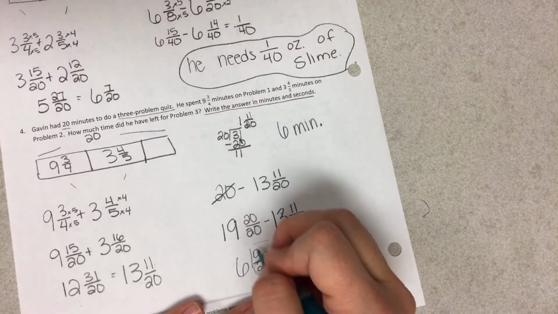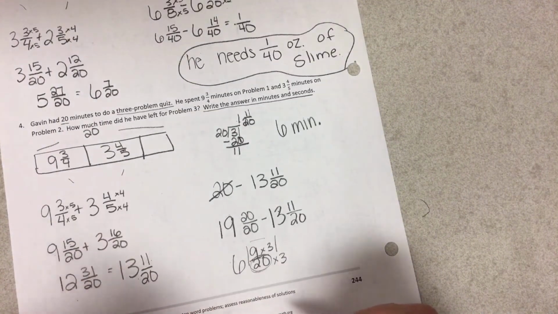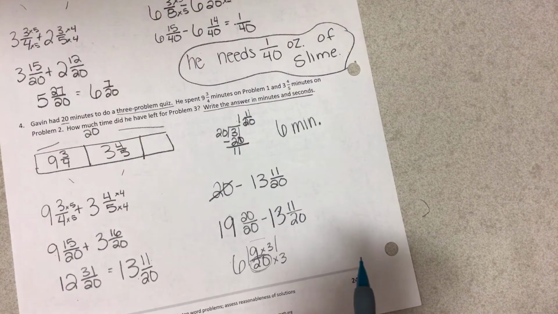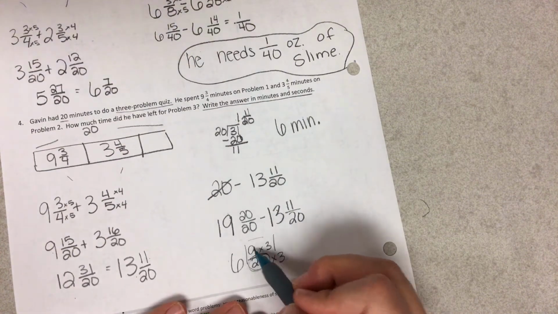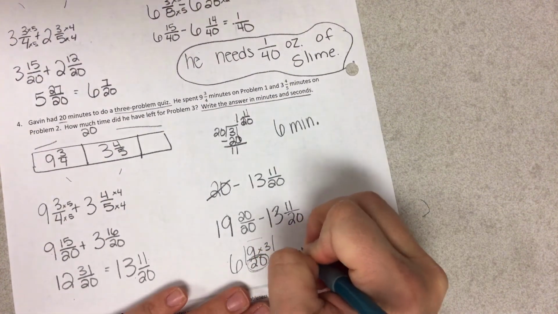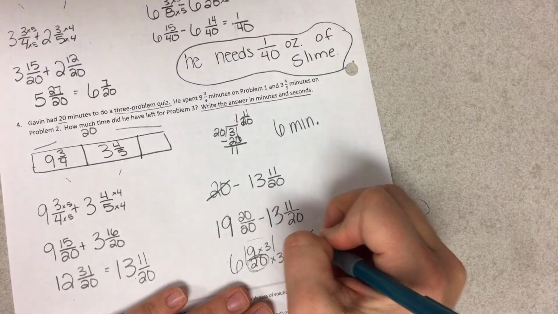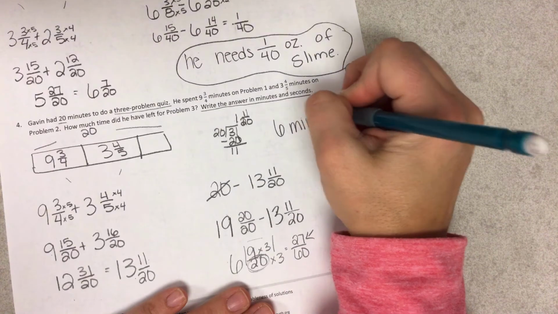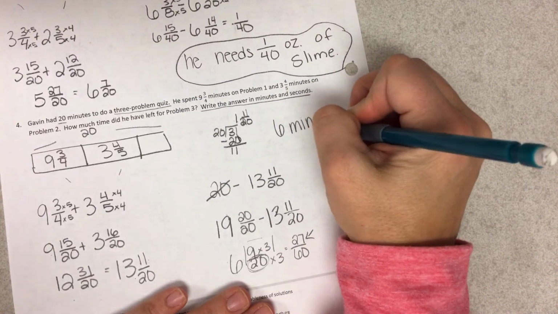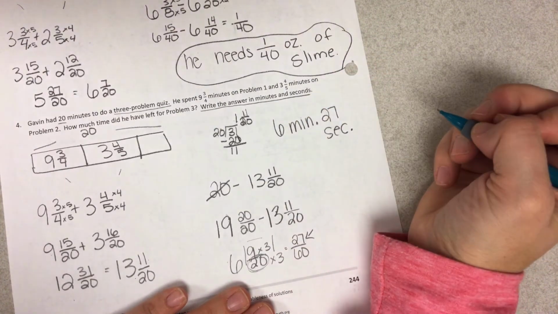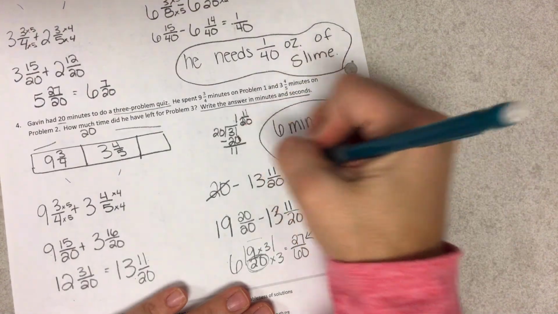Because no matter what I do to the numerator or the denominator, I have to do the same thing to the opposite one. So to turn that into 60, I need to multiply it by 3, and 9 times 3 is 27. So how many seconds can he have? He can spend 27 seconds. Okay, so that would be your answer.